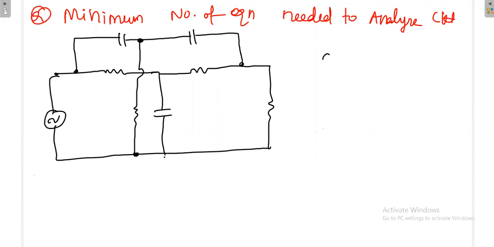Sir, what is the answer? What is the minimum number of equations needed to analyze the circuit? Anybody?